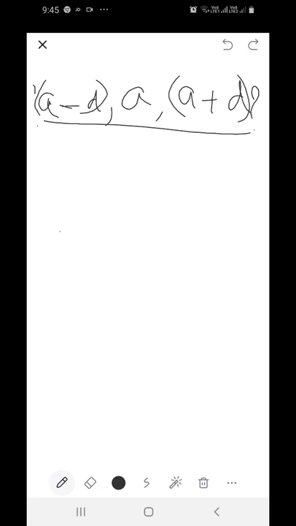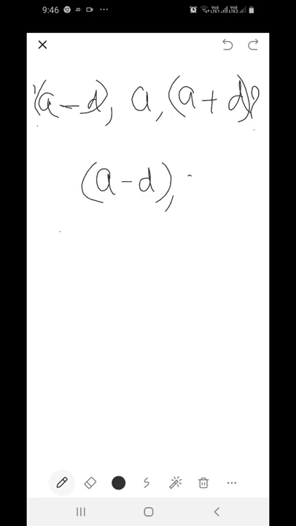For three numbers, you have one middle number, which I wrote as A. But for even numbers, which is 4, you are going to take two numbers. First, take them as A minus D and A plus D.